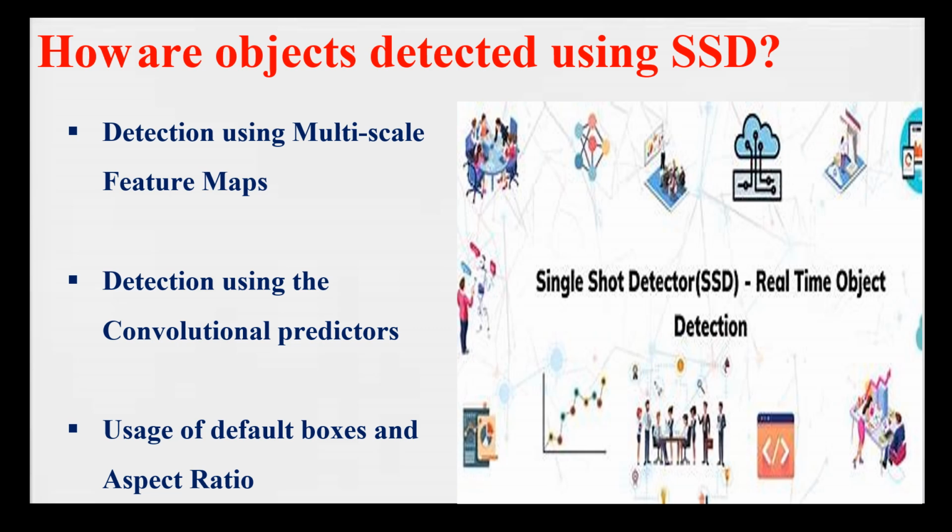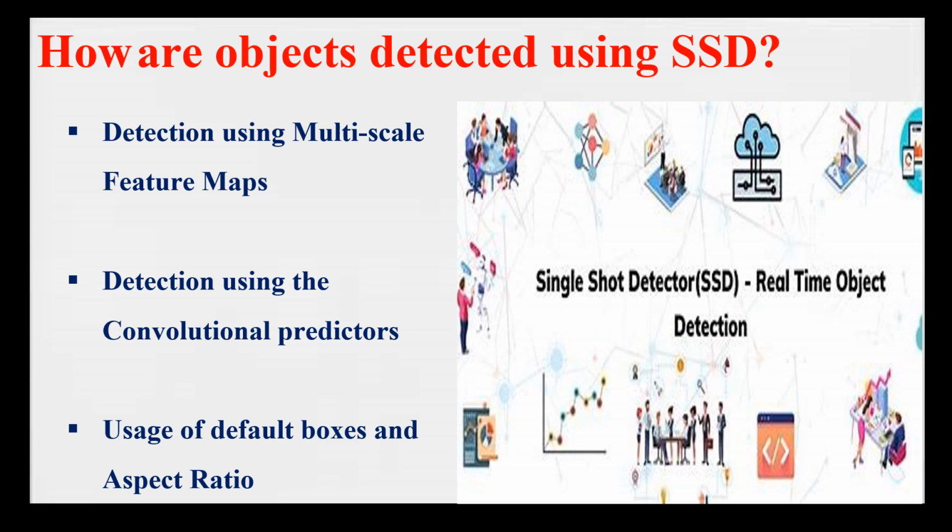So here the addition of each extra layer produces a fixed number of predictions using convolutional filters. And these extra layers are shown at the top of the model in the given diagram. So for example, a feature layer of size m cross n with p channels. The minimum prediction parameters that give a decent detection is 3 cross 3 into p, the small kernel size.